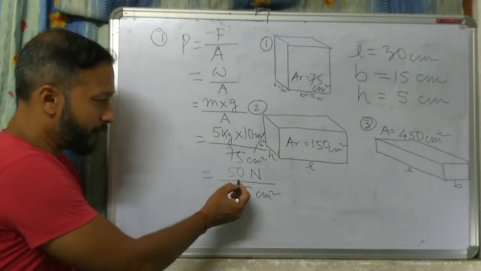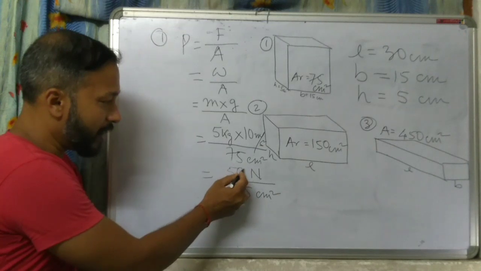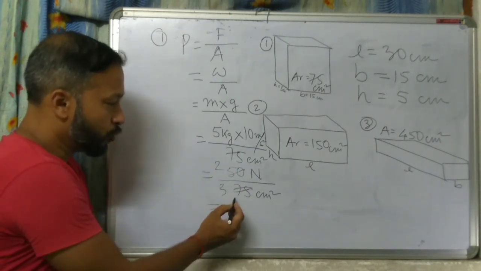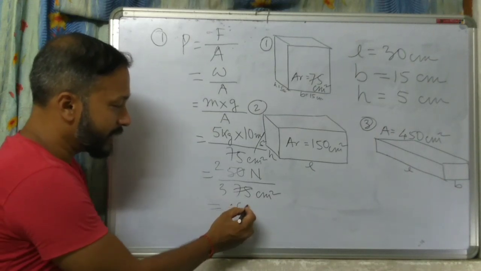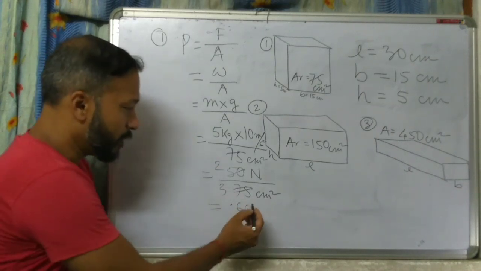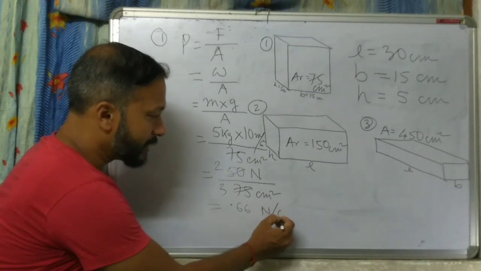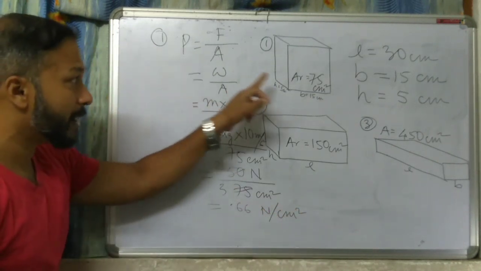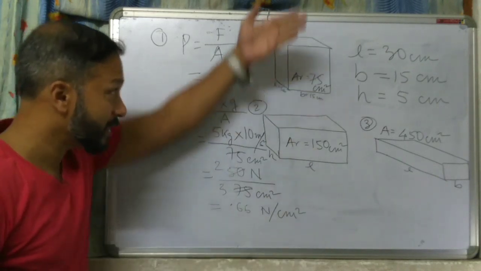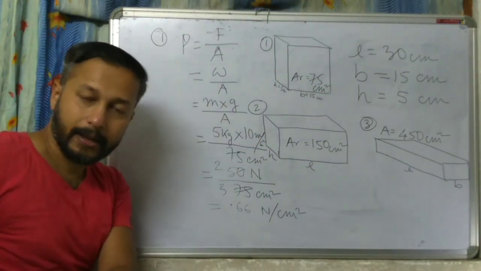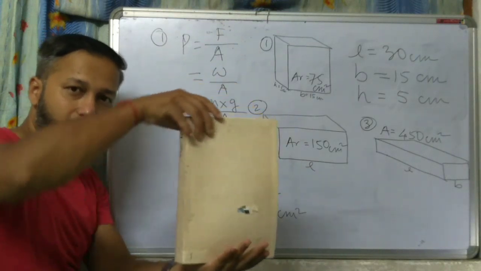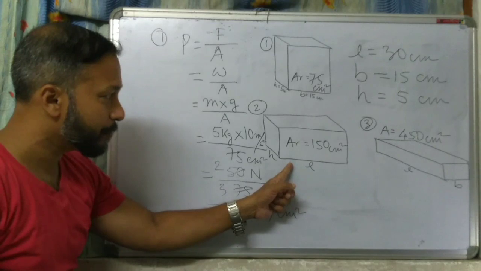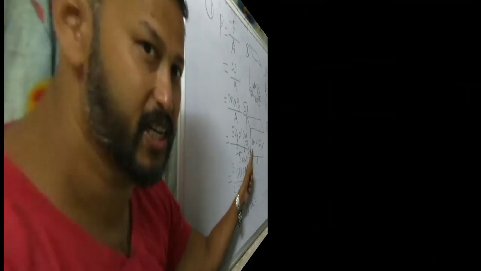If you cancel it, by 25, 2 by 3. 2 by 3 is 0.66 something. 0.66 Newton per centimeter square. This is the pressure exerted by this book when you are placing the book this way. Understood?